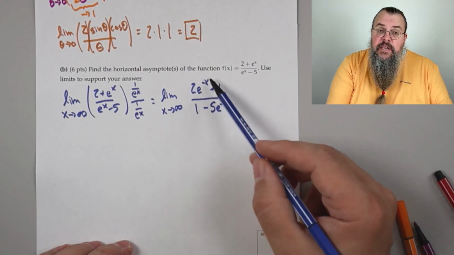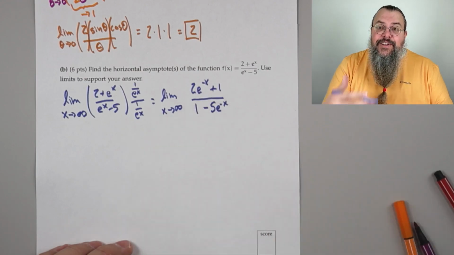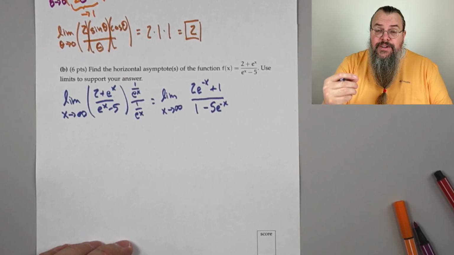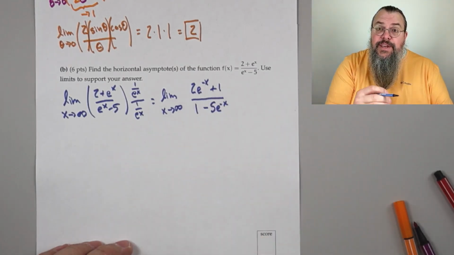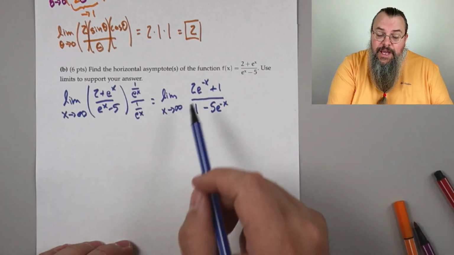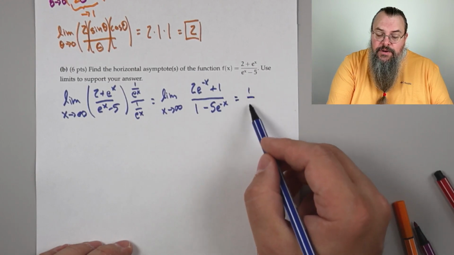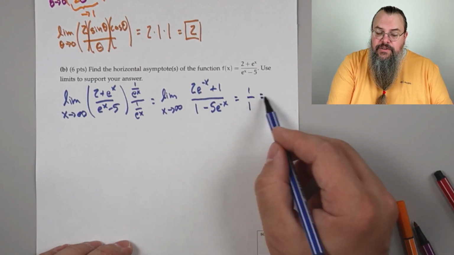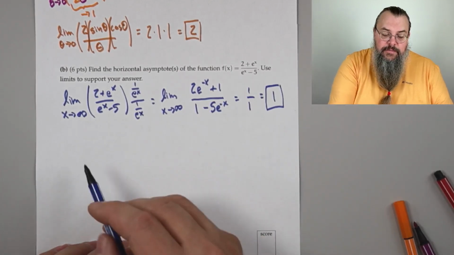And now, this piece, e to the minus x, as x gets large, that gets small. And so we see that the limit is going to be 0 for that part and for that part. So what's left? 1 over 1, also known as 1. Okay, so that's one of our horizontal asymptotes.